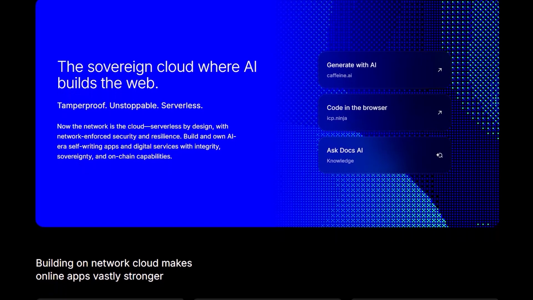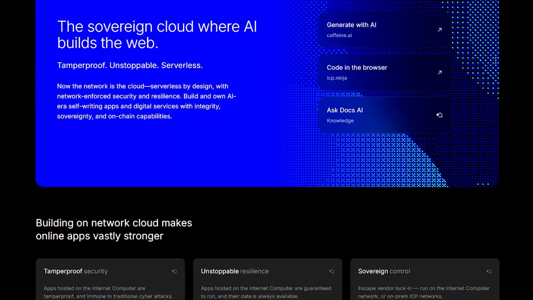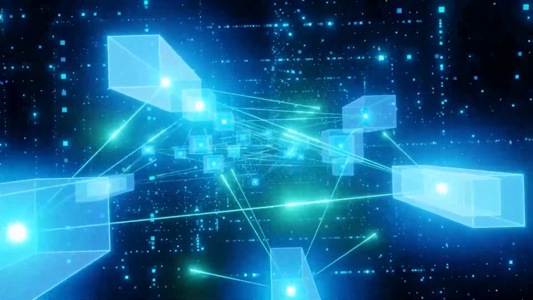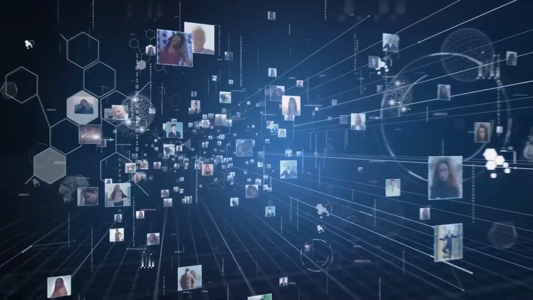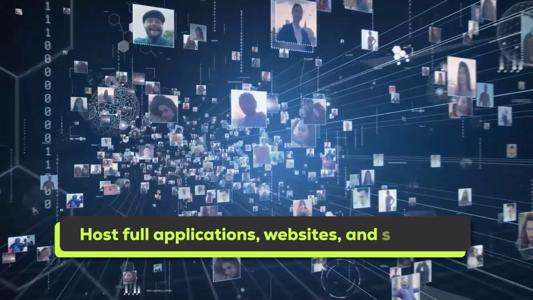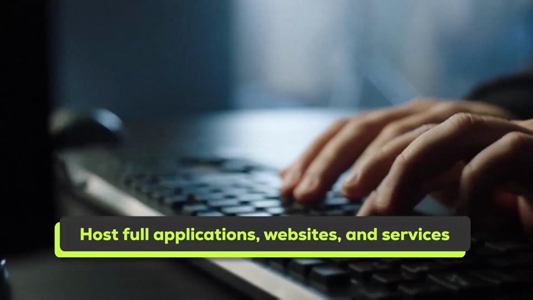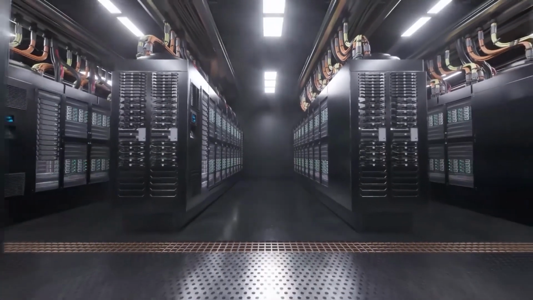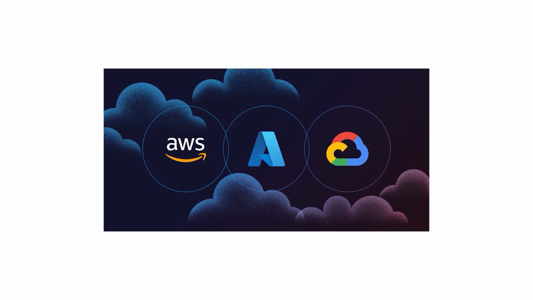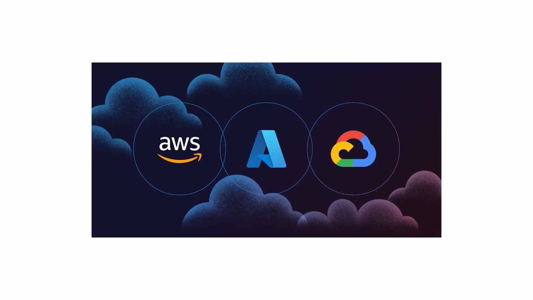Internet Computer was designed to extend the public internet itself. Unlike traditional blockchains that focus primarily on token transfers or smart contracts, ICP aims to host full applications, websites, and services directly on-chain. The goal is to eliminate reliance on centralized cloud providers such as AWS, Google Cloud, or Azure.